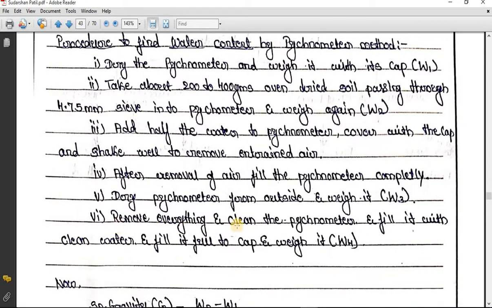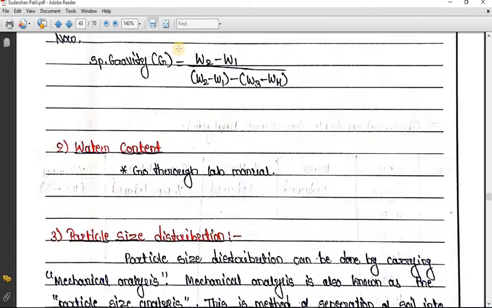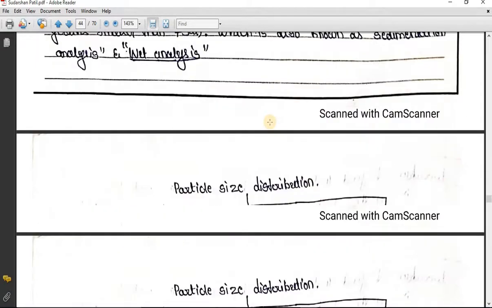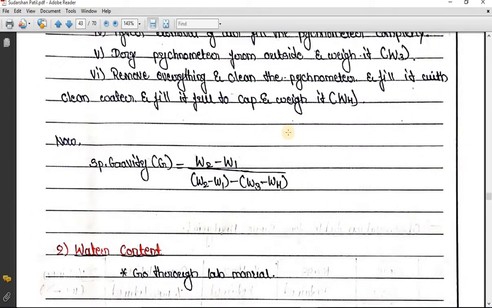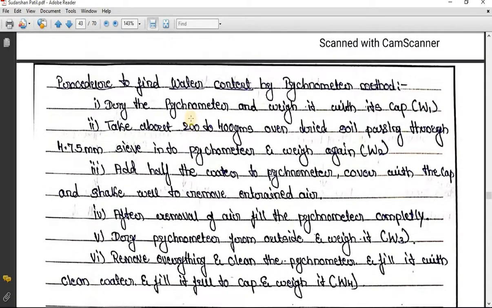Similarly, I remove everything, clean the soil, fill the entire pycnometer with only water, attach the cap and weigh it, and that is W4. This relation gives us the specific gravity. This is the determination of specific gravity using the pycnometer method.